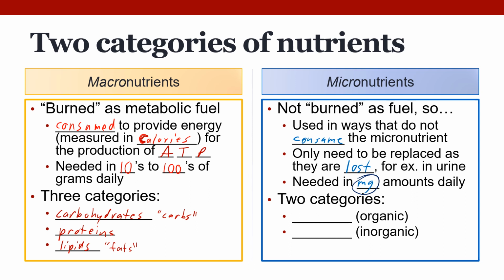There are 2 categories. If it's an organic molecule, it is called a vitamin. If it is an inorganic molecule, it is called a mineral. And surely you've seen vitamins and minerals explained on nutrition labels before.